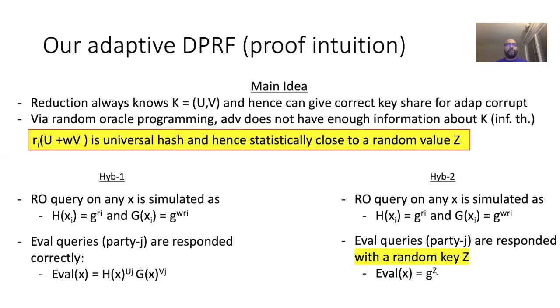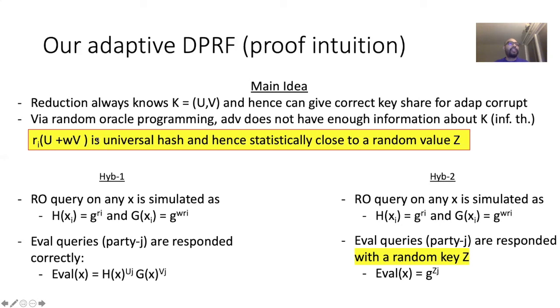Why is this okay to do? Note that eval of x becomes Hx to the uj times Gx to the vj. According to the simulation, it becomes g to the quantity Ri times uj plus W times vj, right?